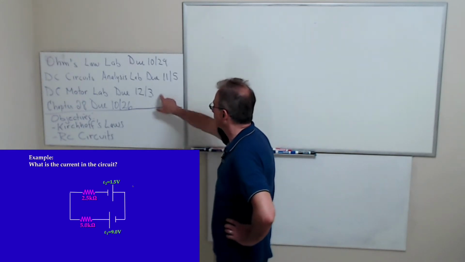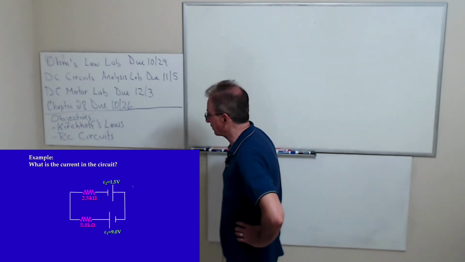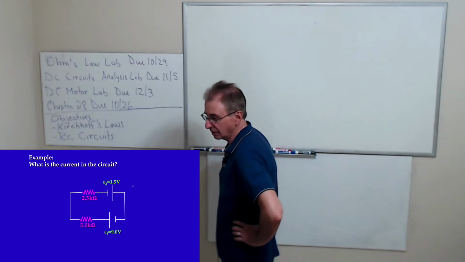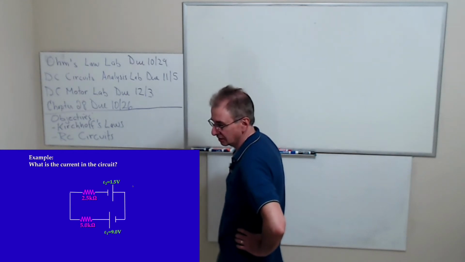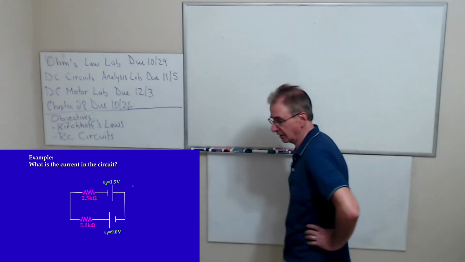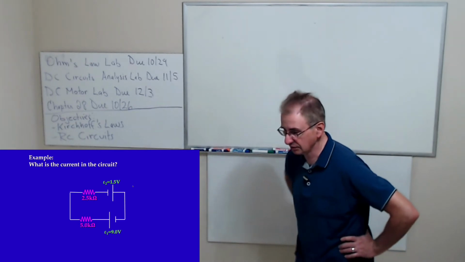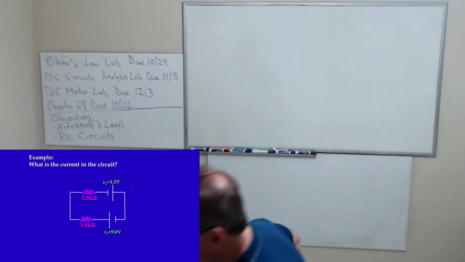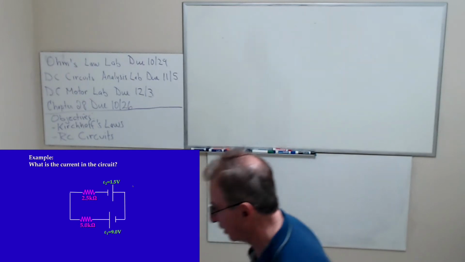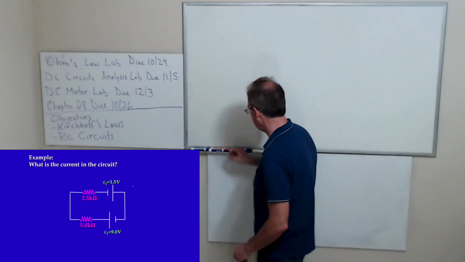And then I'll also introduce the Motor Lab. It's more like a project. You'll have several weeks to build a motor and demonstrate that it works. And then the Chapter 28 homework is due on the 26th. By the time I'm done today, you'll have enough information to do most of the homework in Chapter 28, okay?